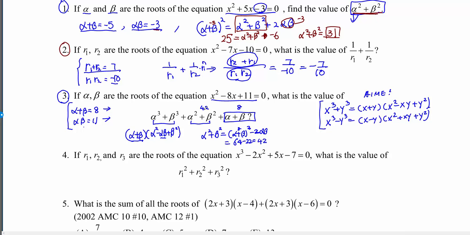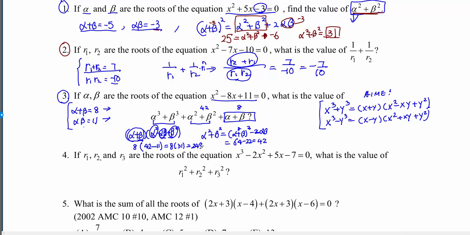And what is this number? 8. Alpha square plus beta square, we already got this one, it is 42. And minus alpha beta, which is 11, right? This is how much? 8 times 31, isn't it? 8 times 31 is 248.